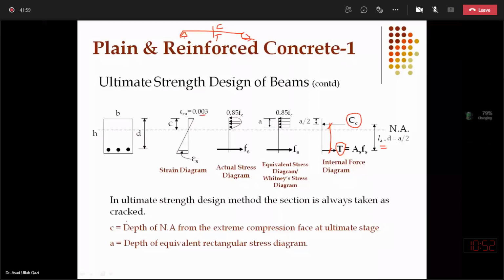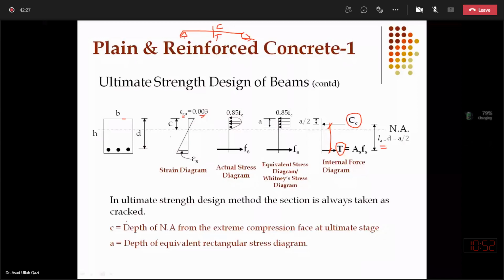With the assumption that plane sections remain plane, strains will increase linearly, proportionally with respect to distance from the neutral axis. So the strain diagram is linear, and this is when the concrete is crushed, failing at the extreme fiber.